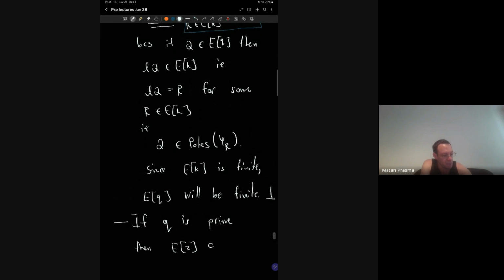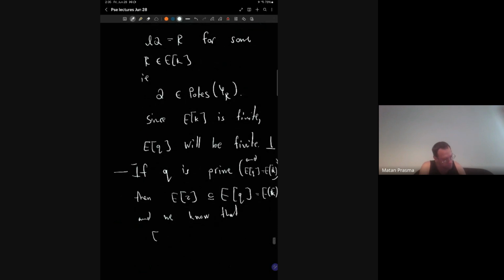It's contained in EQ, because if Q is prime and EQ is the whole thing, E of K bar, then obviously E2 is contained in EQ, because EQ is equal to EK bar. And we know that E2 has 4 points.